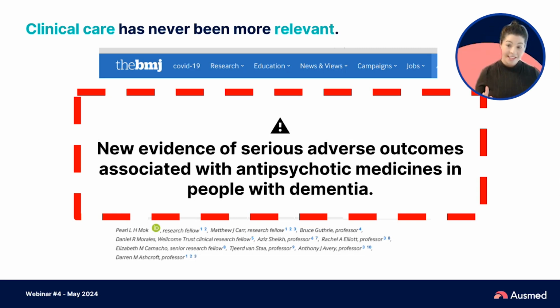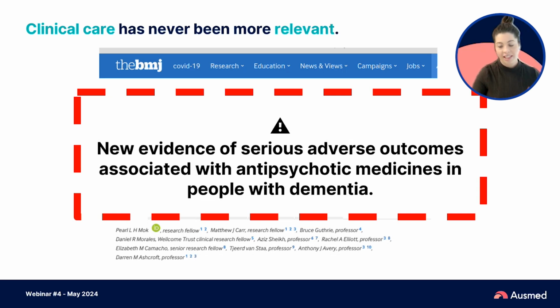But in all seriousness, what the results of this study showed was that antipsychotic use was associated with increased risk of all outcomes, including stroke, VTE, so that's venous thromboembolism, myocardial infarction, that's a heart attack, heart failure, fractures, pneumonia, and acute kidney injury. So it really does provide new insights into the risks associated with antipsychotics in people with dementia.